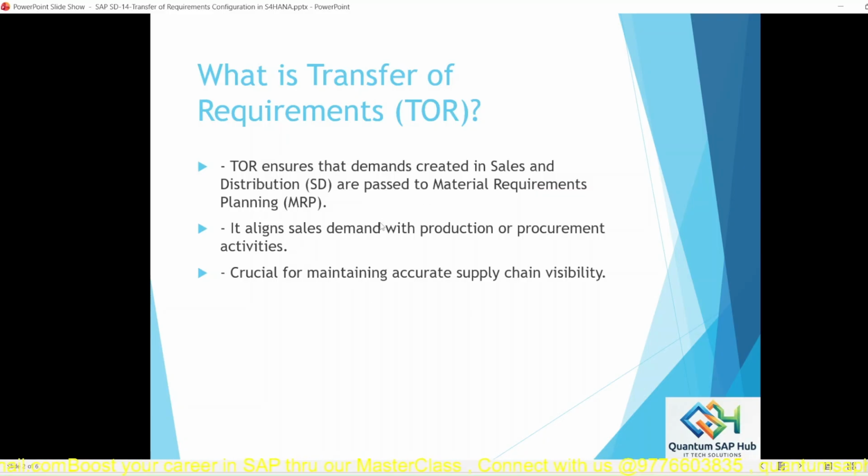According to that, it will create the planned order, which will be further converted to a production order, or to a purchase requisition and purchase order. So it is based upon the process, and the process will follow from the MRP data in the material master, where you have all the information on how it will be carried out.